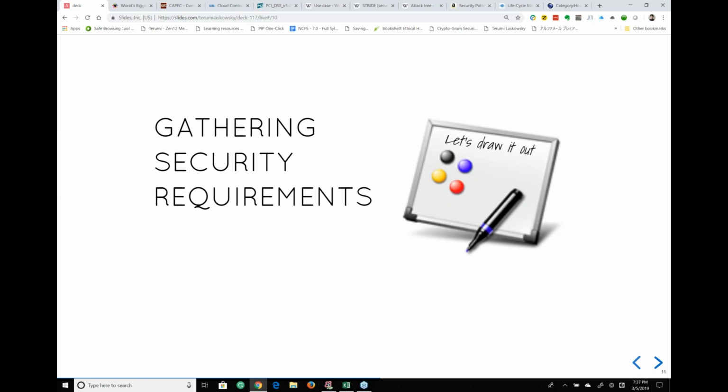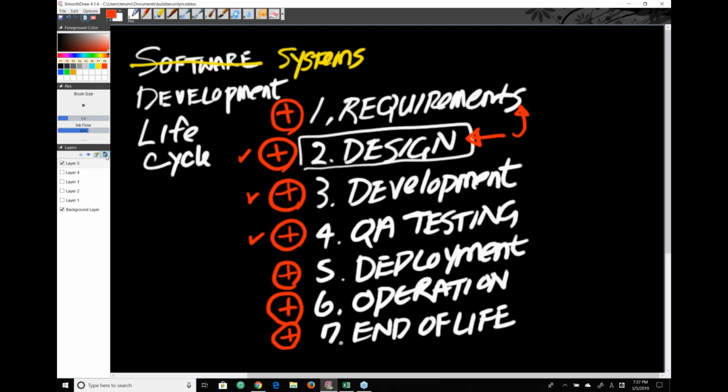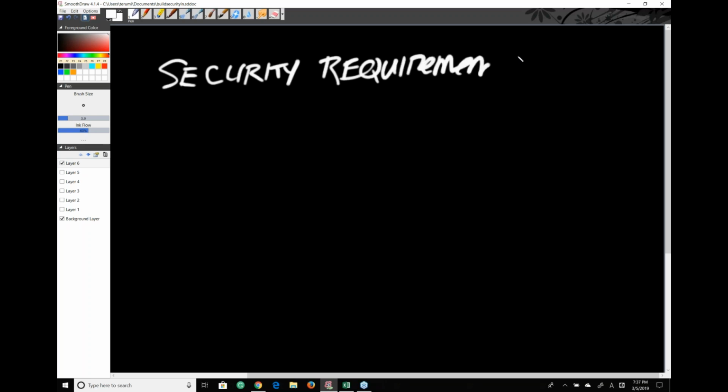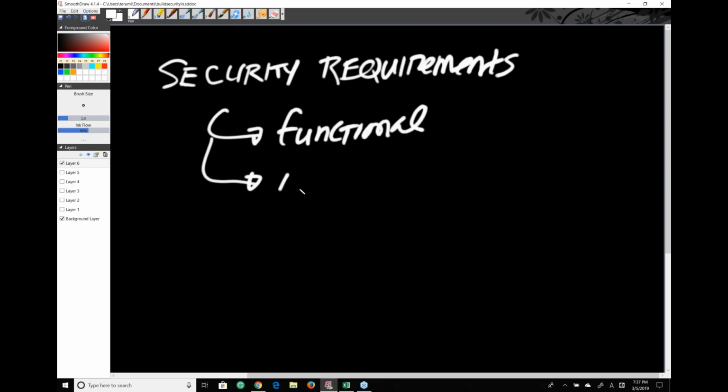For security requirements, just quickly now, what are some of the processes that they follow? Basically, they'll come up with two things: functional requirement and non-functional requirement.